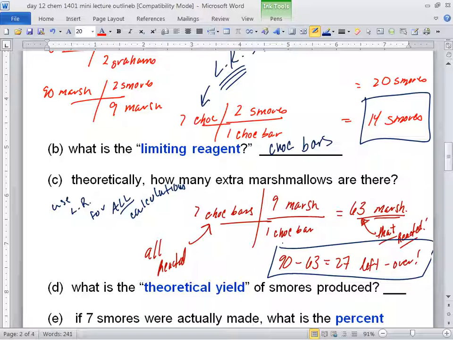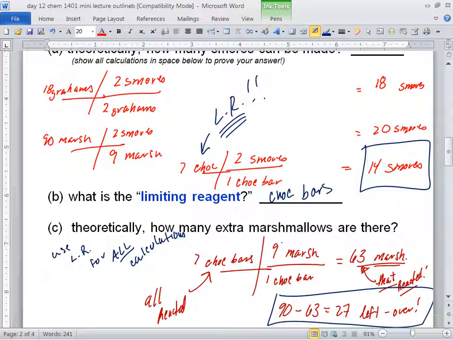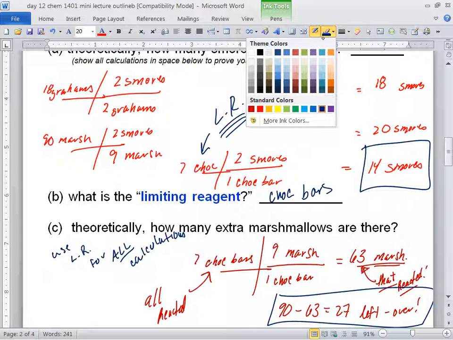Another term besides limiting reagent, Connor, is theoretical yield. So in this s'more issue, what is the theoretical yield of s'mores produced? What do they probably mean by that? A yield is how much you get. 14.